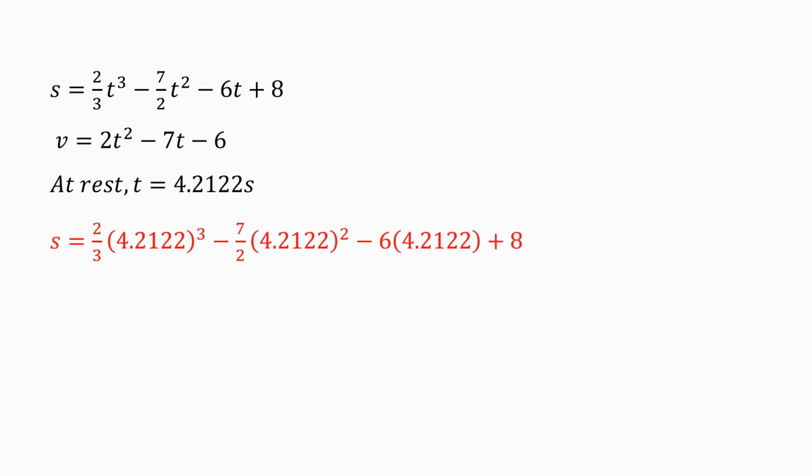So it is 2 over 3 into 4.2122 cubed minus 7 over 2 into 4.2122 squared minus 6 into 4.2122 plus 8, which equals negative 29.5487 meters.